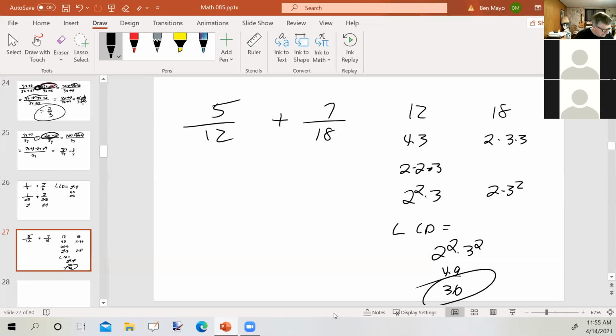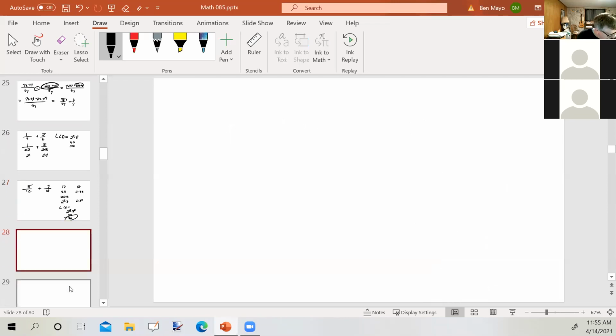Okay, let's wander into the deep end just a little bit here. It says, find the least common denominator of each pair of rational expressions. So I've got 4 over 9y, comma 11 over 3y. So basically, what's the least common denominator of 9y and 3y?